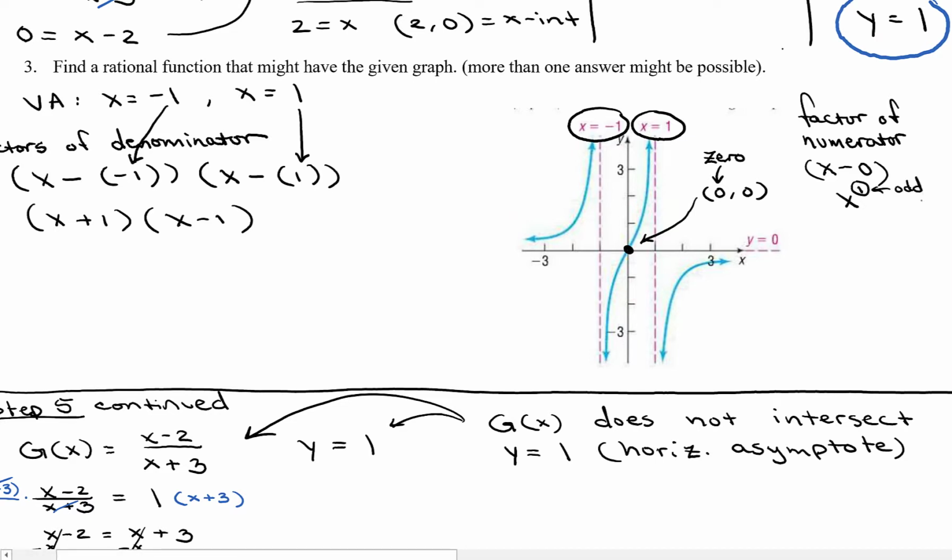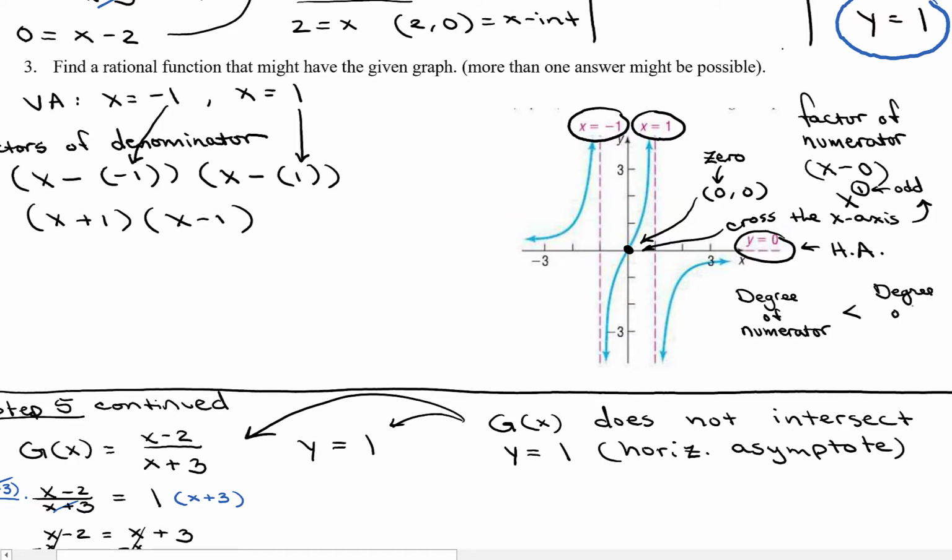I'm going to make it 1 because it does say here that more than one answer is possible, and 1 just seems like the easiest option for me here. 1 is odd, so it has odd multiplicity. So that's good. The horizontal asymptote is y equal to 0. In that case, in order to get y equal to 0, I know that the degree of my numerator must be less than the degree of the denominator.